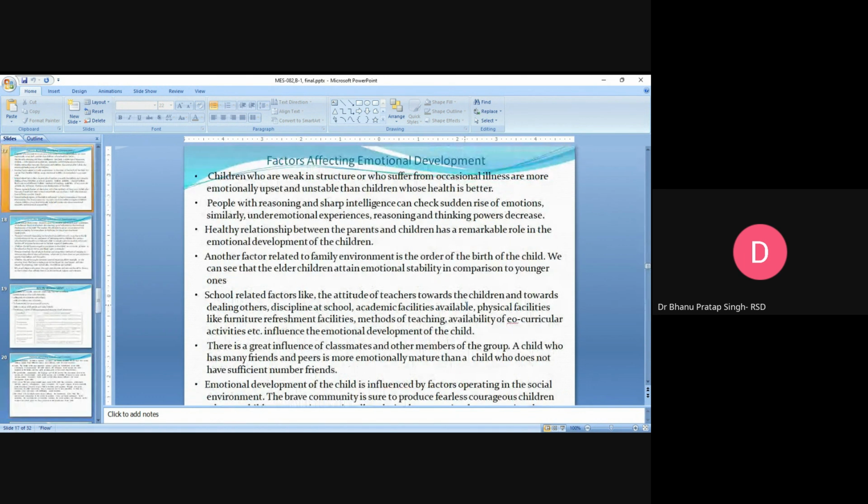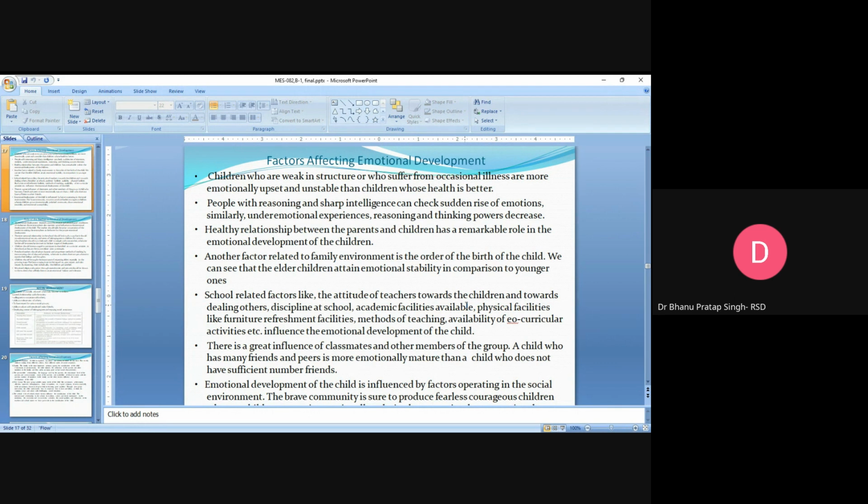The factors affecting emotional development: children who are weak in structure or who suffer from occasional illness are more emotionally upset and unstable than children whose health is better. Pupils with reasoning and sharp intelligence can check sudden rises of emotions. Similarly, under emotional experiences, reasoning and thinking power decrease.